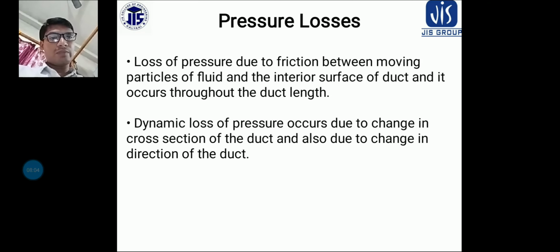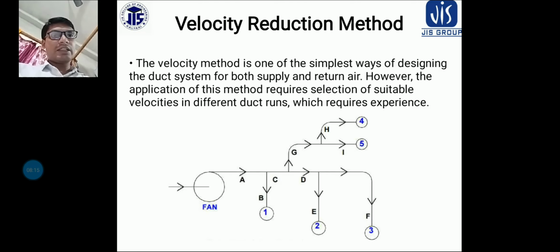Now the dynamic loss of pressure occurs due to change in cross section of the duct, and also due to change in direction of the duct. In this schematic diagram you can see the velocity reduction method.